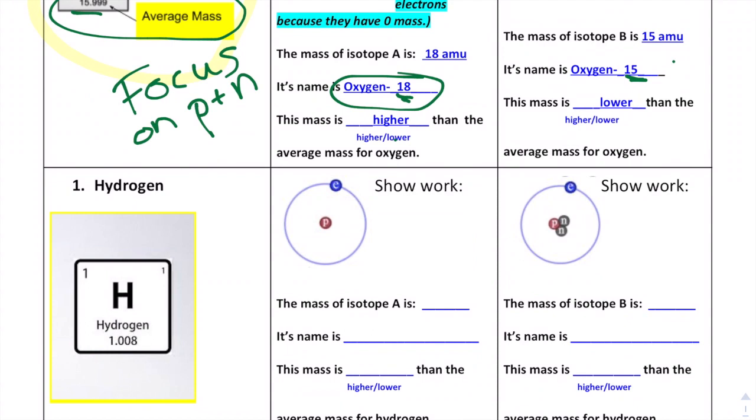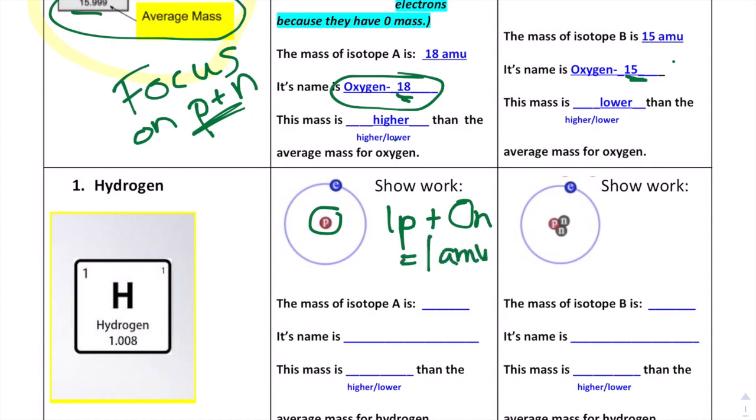I'll do one more with you, or you can pause and try it on your own. So I'm going to show my work. I'm going to remember, focus on the protons and neutrons. So in this picture, I see 1 proton, and I do not see any neutrons. So I'm just going to put plus 0. 1 plus 0 is 1.